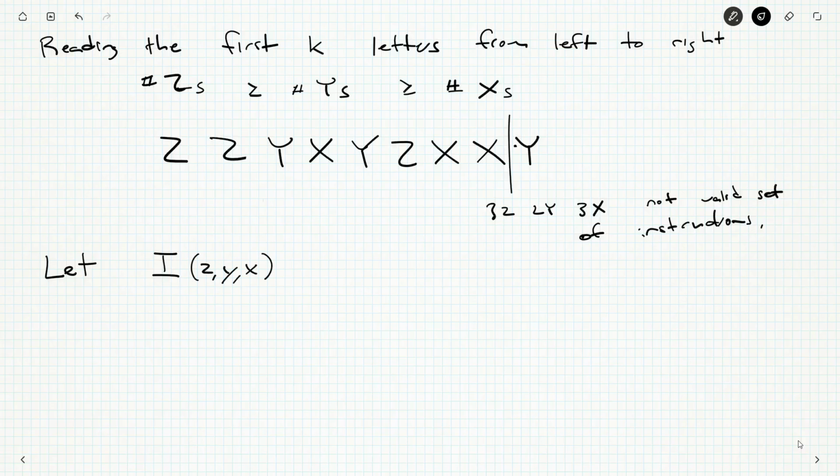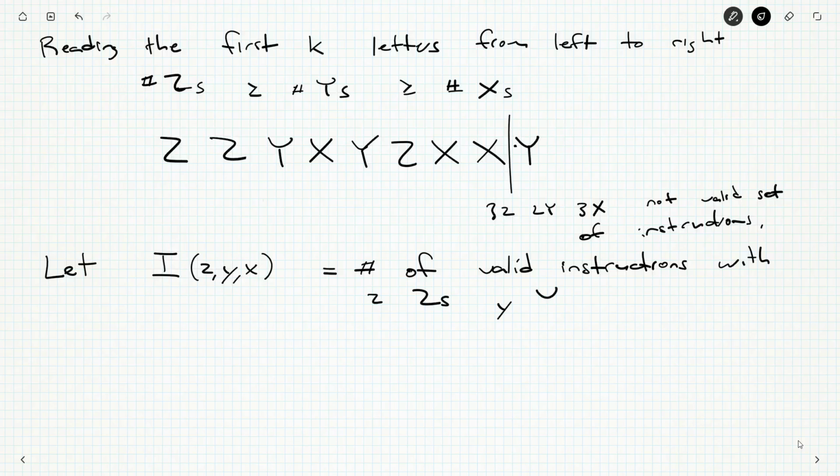I think that looks a little better than I sub z, y, and x. This is going to be a function, the number of valid instructions with z many z's, y many y's, and x many x's. Ultimately my goal is to figure out I333.